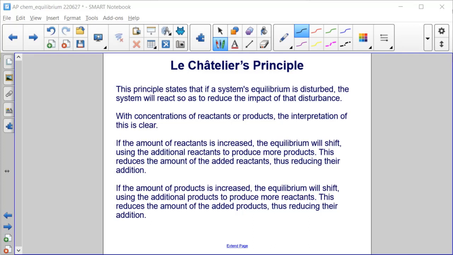This reduces the amount of the added reactants, thus reducing their addition. If the amount of products is increased, the equilibrium will shift using the additional products to produce more reactants. This is reducing the amount of added products, thus reducing their addition.